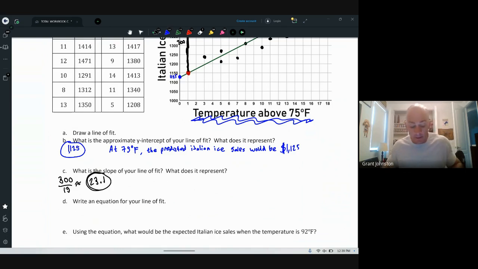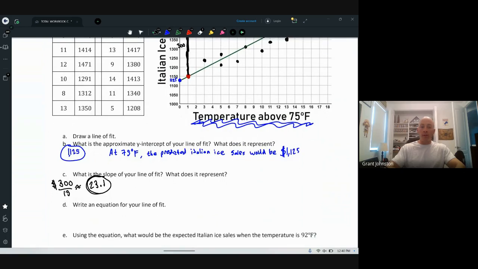So that means our slope, remember, is 23.1. So this was like $300 in sales over 13 degrees Fahrenheit. That's what our units were on this.